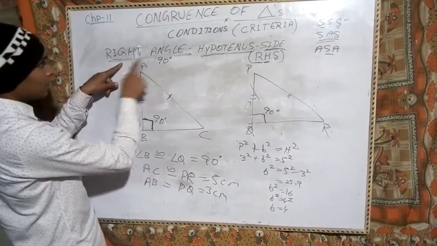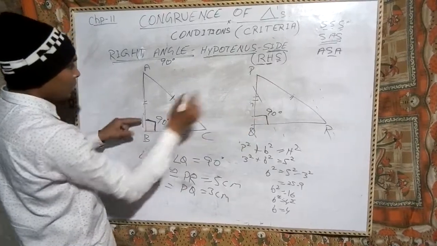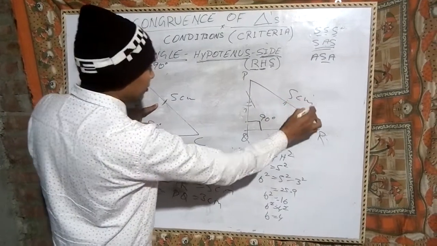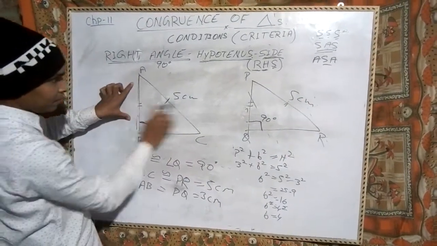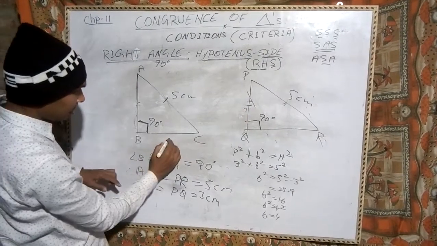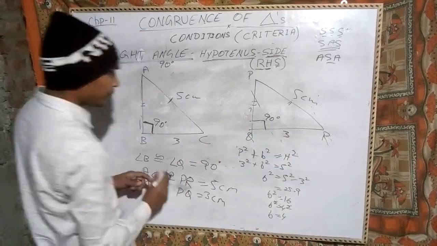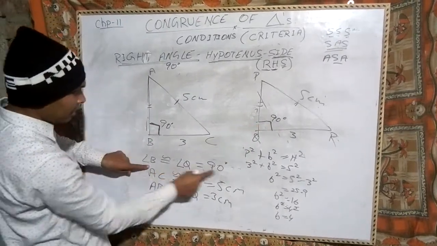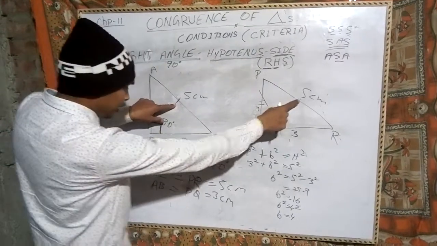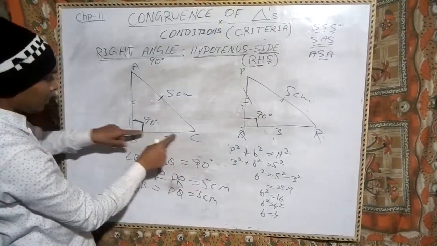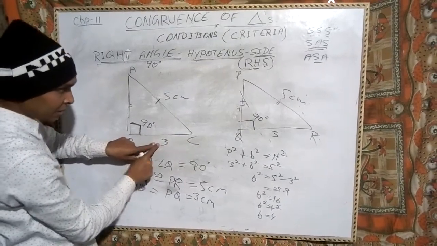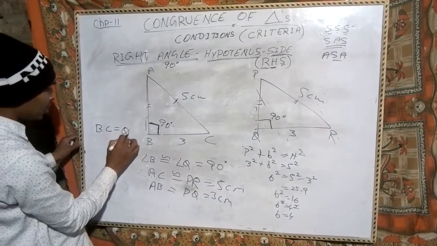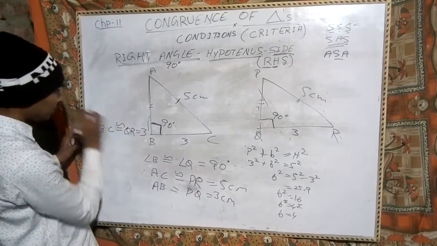Both are right angle, 90 degree, hypotenuse same, say 5 centimeter again. Last time I took the perpendicular, this time we take the base as 3. Okay, so if the right angle is the same and the hypotenuse is the same, then in our other side, the base, BC is equal to QR, and both are equal to 3 and similar also.